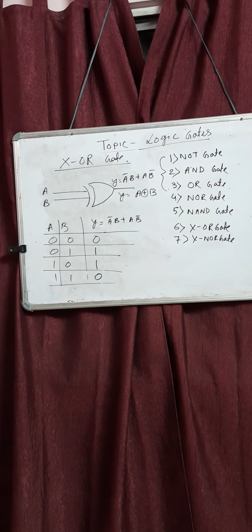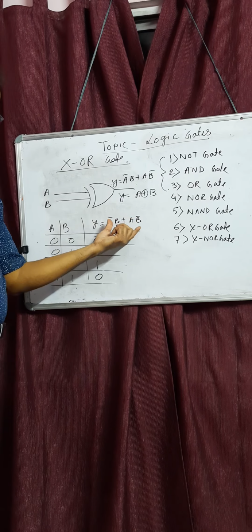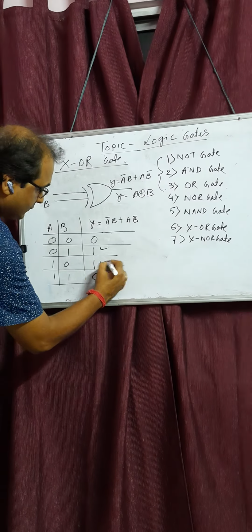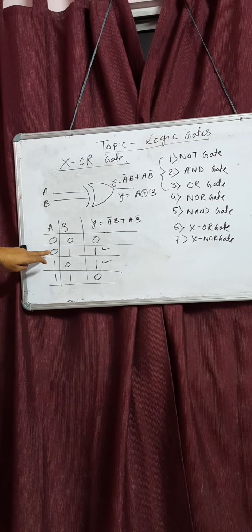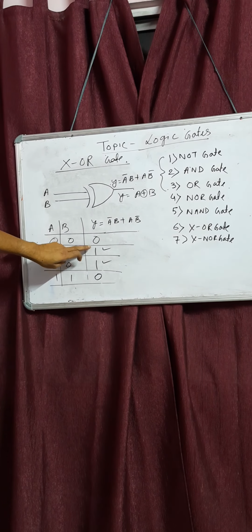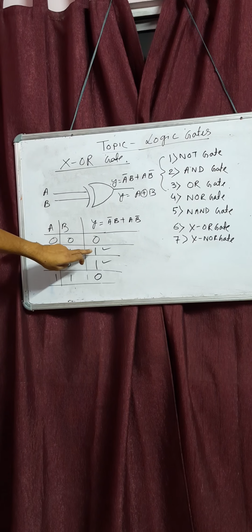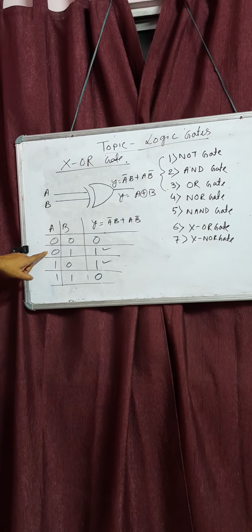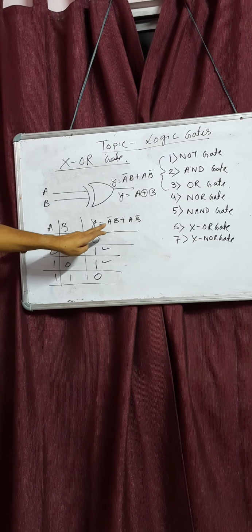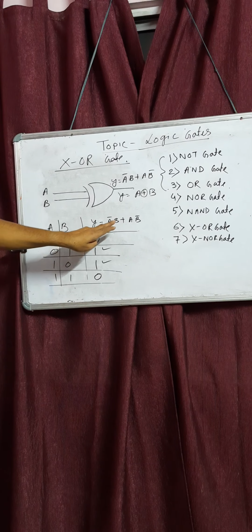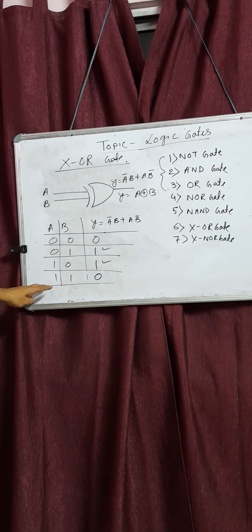Now see how these expressions are coming. See for these outputs where Y is equal to 1. In this expression, here A is equal to 0, that means we are applying A bar, and here B is 1, so A bar B, plus the next one.